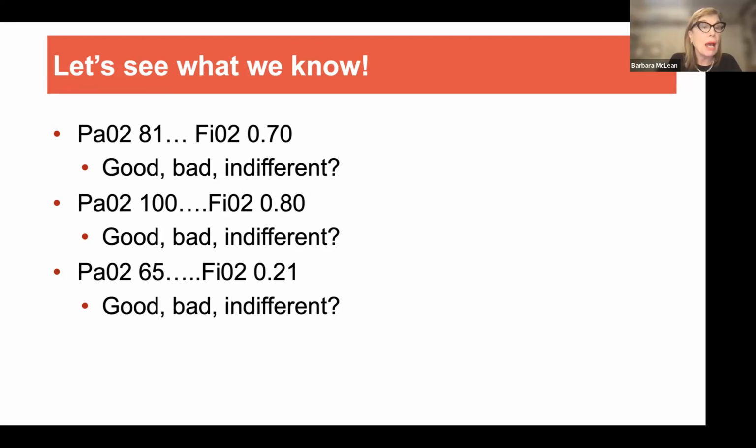Despite the fact that the PaO2 is 65, the P to F ratio is 309. So what that means to us is the patient who has a PaO2 of 65 and an FiO2 of 0.21, who has a P to F of 309, guess what? They're an oxygen responder. These two patients are not oxygen responders.